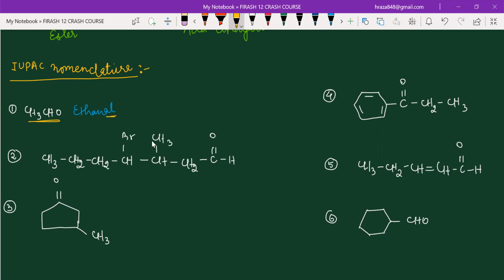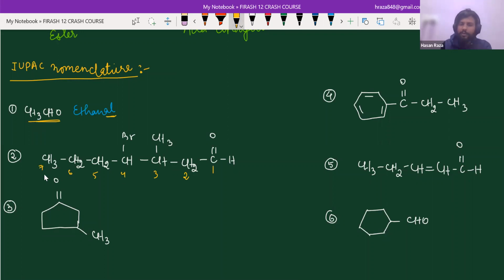So you write the numbering first: 1, 2, 3, 4, 5, 6, 7. As we have studied in the nomenclature of alcohols, we give preference to the functional group. That's why I did numbering from right to left. Now, when you write the name, you have to write it in alphabetical order.